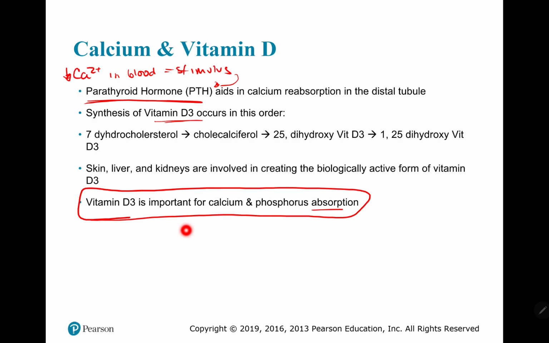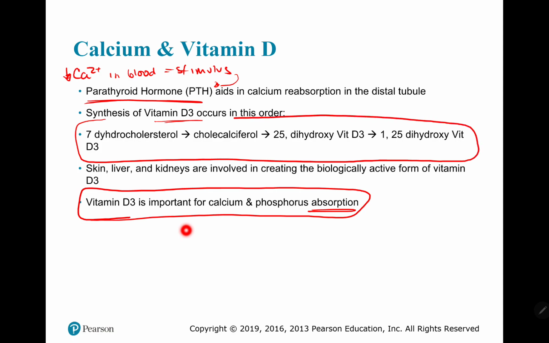When we're looking at the synthesis of vitamin D, this is important to note, because we have a few different organs involved in creating the biologically active form of vitamin D3: the skin, the liver, and the kidneys.